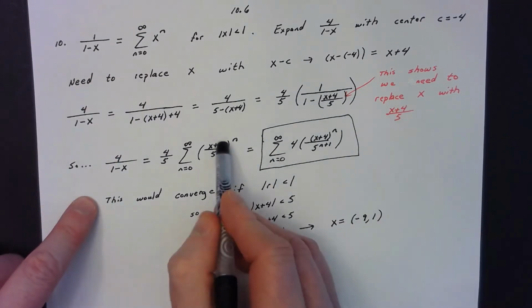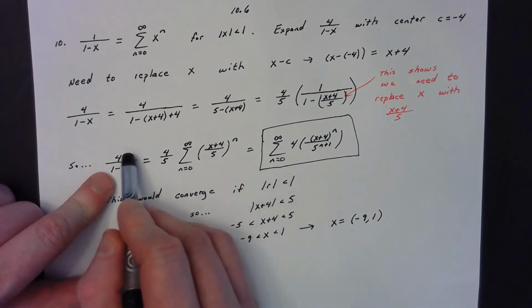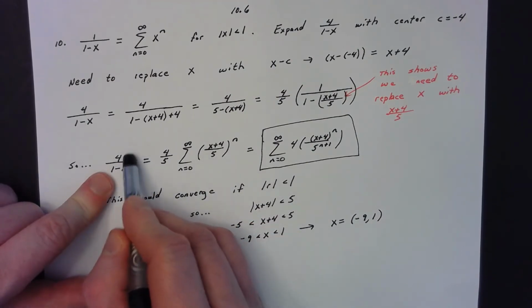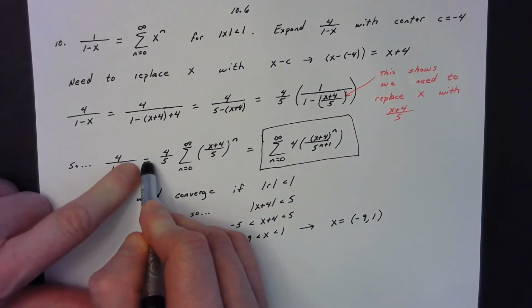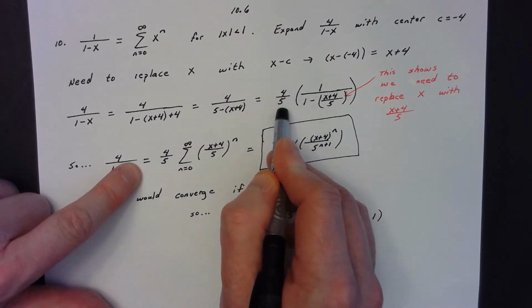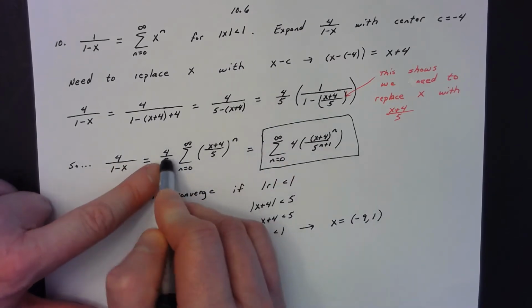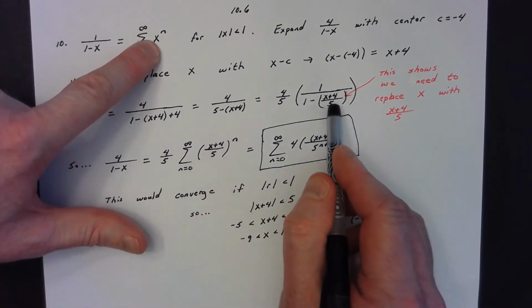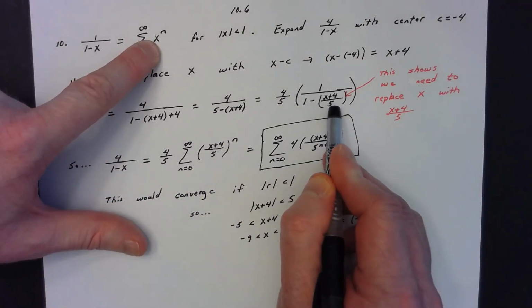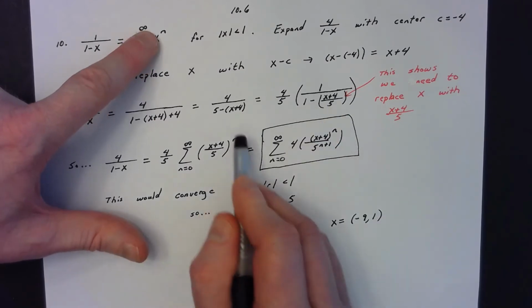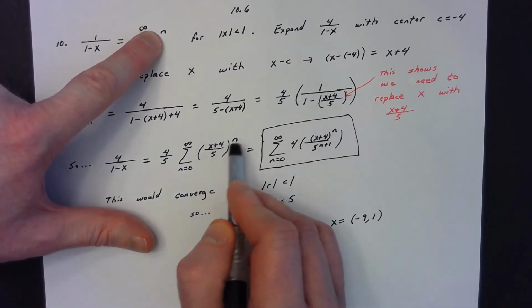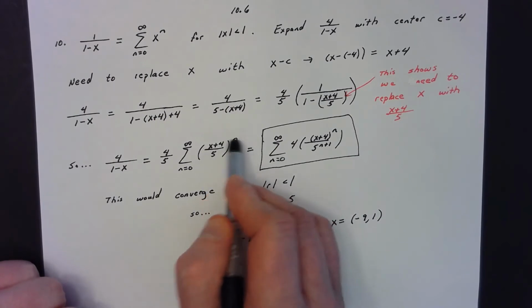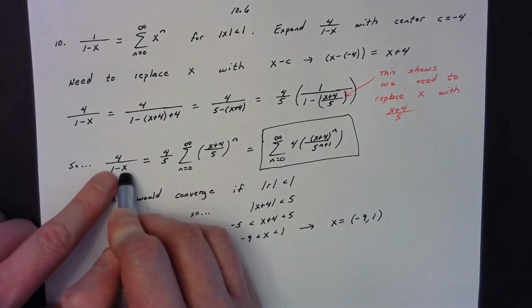So that's what I do down here. Now I can say the function 4 over 1 minus x is going to equal 4/5, I can't forget about that I had to factor out, times the series where x is replaced with x plus 4 over 5. X was to the nth, so this group is to the nth. So this is going to be my power series representing this function.